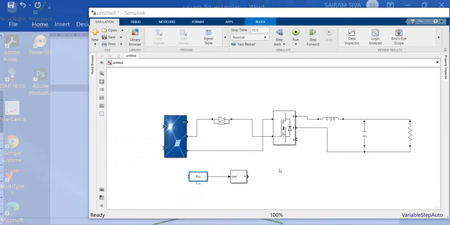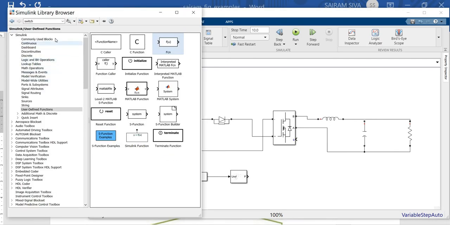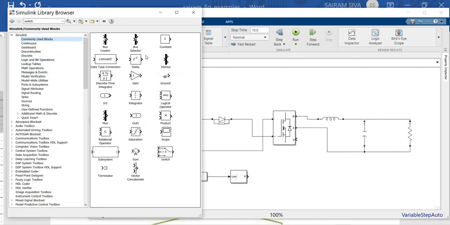Now we are going to see. This is the way we are going to obtain this t value. This is a common block, the mux, which is available.